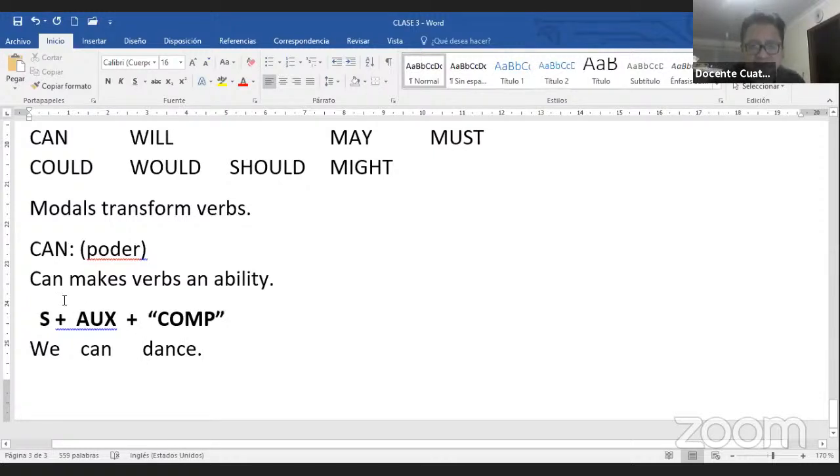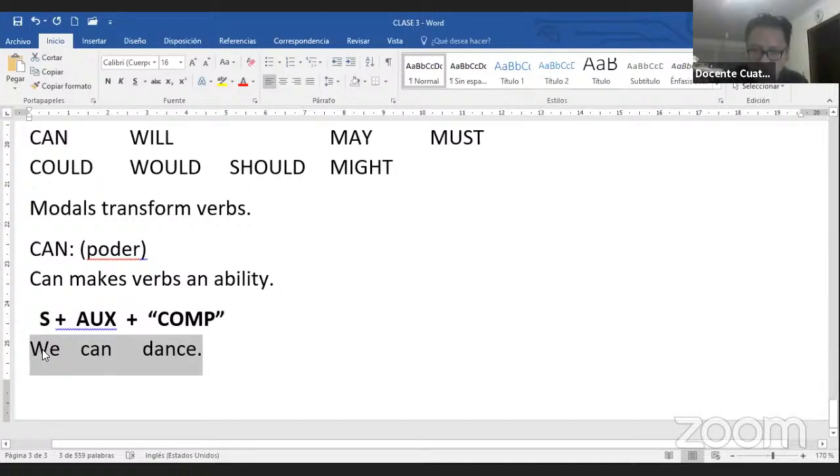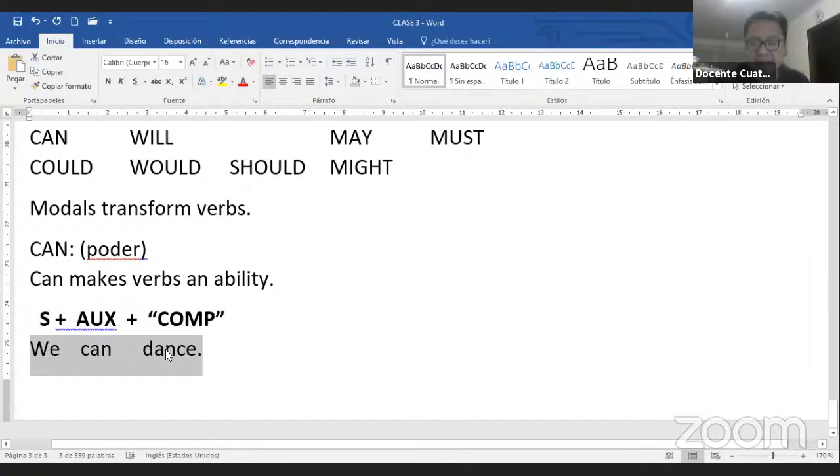But remember, can makes the verb an ability. So the translation for this sentence could be nosotros tenemos la habilidad de bailar. Another, nosotros somos capaces de bailar. O nosotros somos hábiles para bailar.